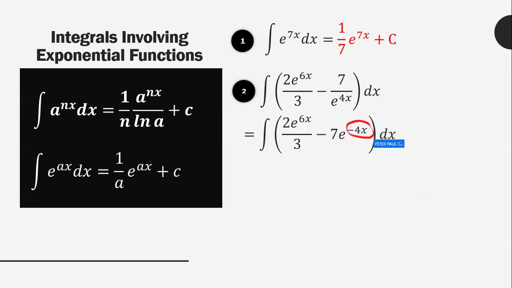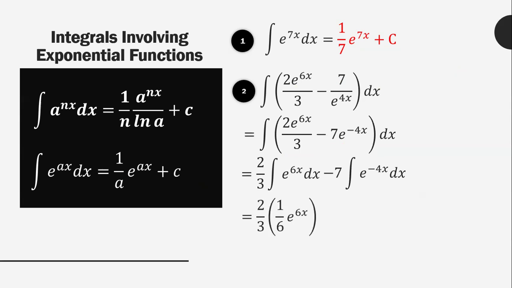So we change sign. Next, we will apply the constant multiple theorem. We will put 2/3 in front and negative 7 in front as coefficients. So we'll have 2/3 times the integral of e raised to 6x dx minus 7 times the integral of e raised to negative 4x dx.